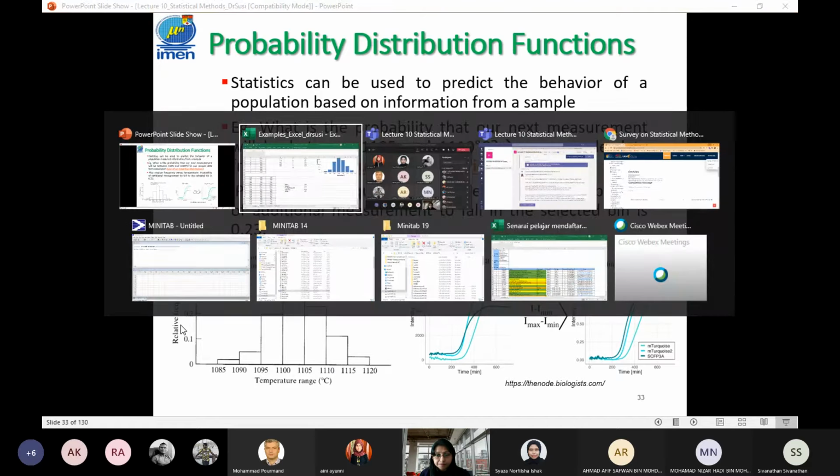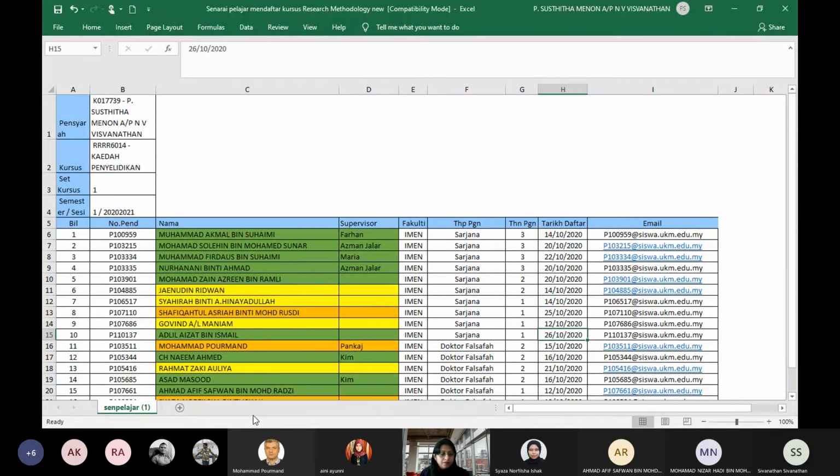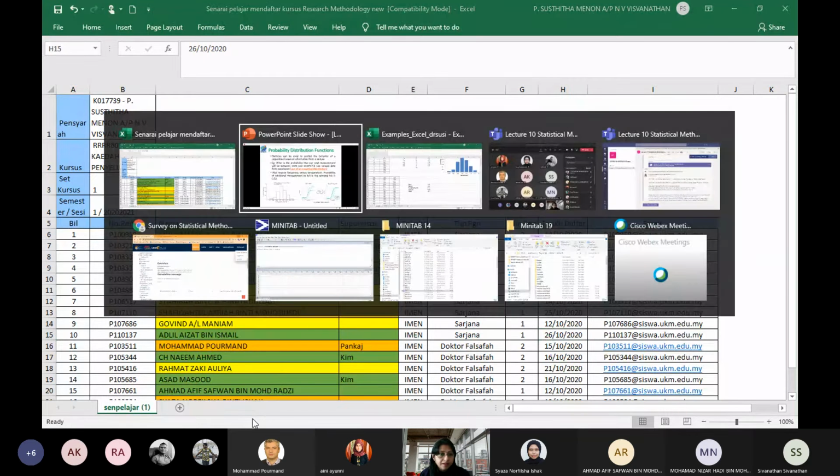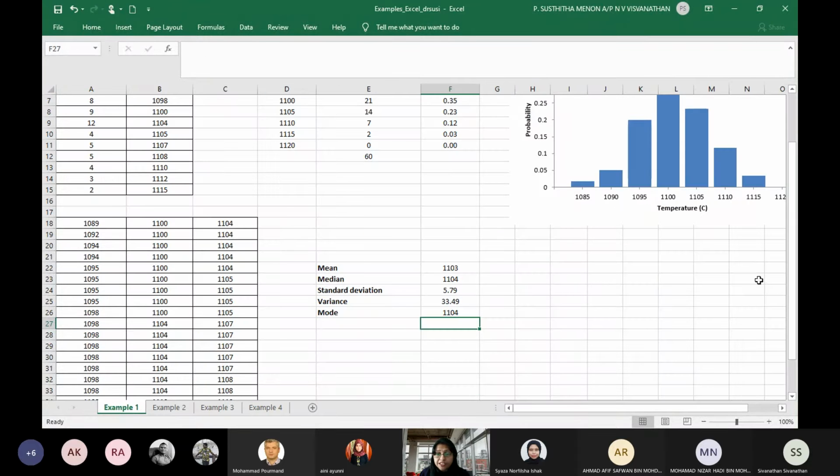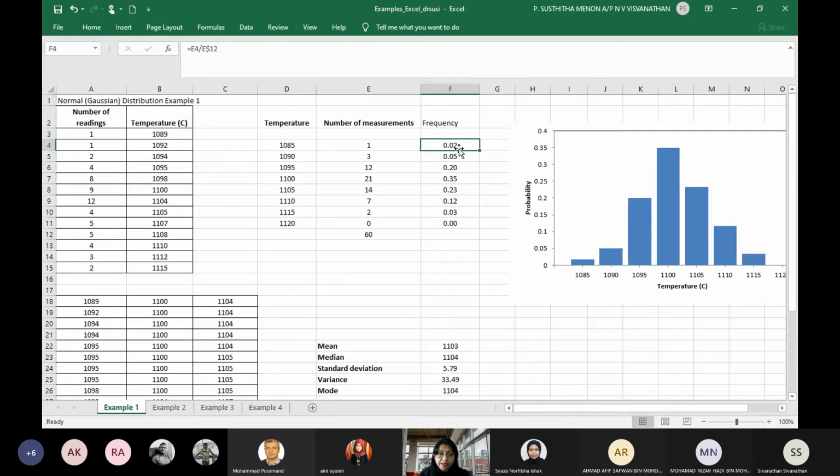Let's go back to the Excel. Relative frequency just means that you take this value 1 and divide it by the number of samples, 1 divided by 60.